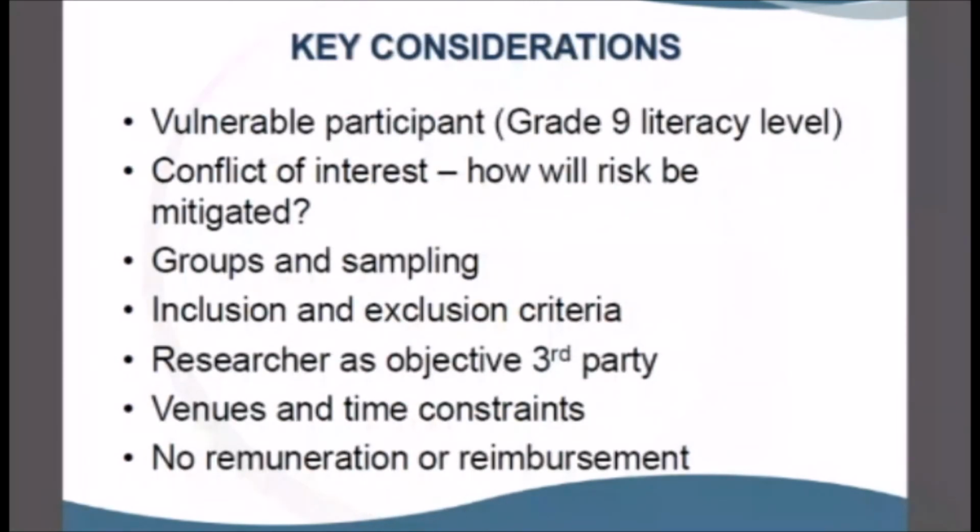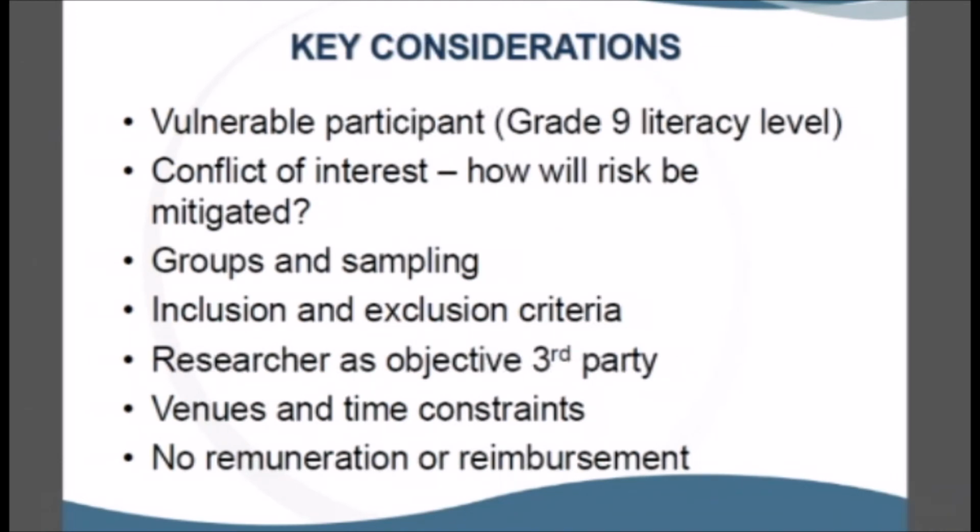Things that you need to keep in mind: grade 9 is the literacy level, vulnerable participants, conflict of interest. If you're going to collect data at the company where you work, how are you going to mitigate that? Your groups and sampling: who will be included and who will be excluded from the study. Also, if the researcher is an objective third party, take note of the venues available and time constraints.